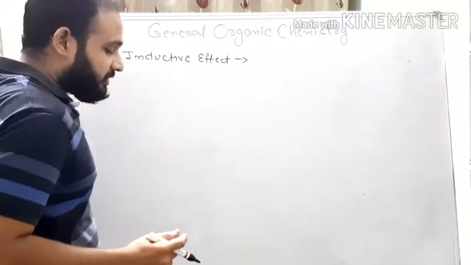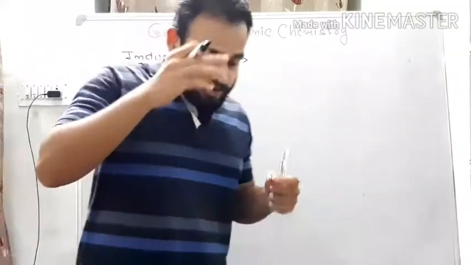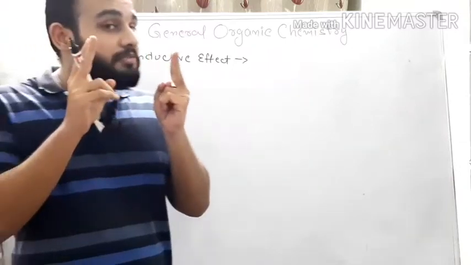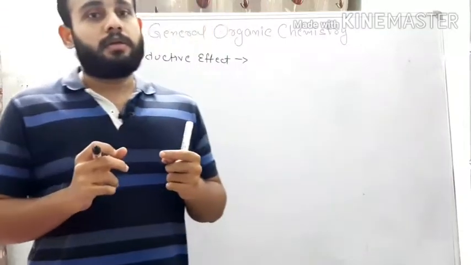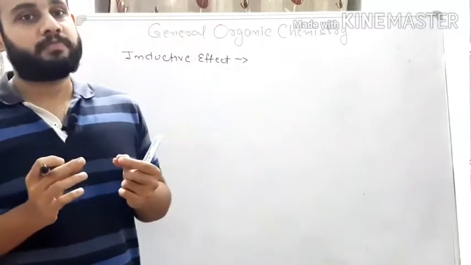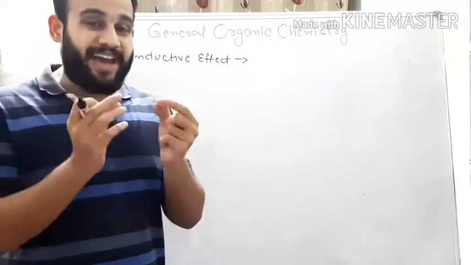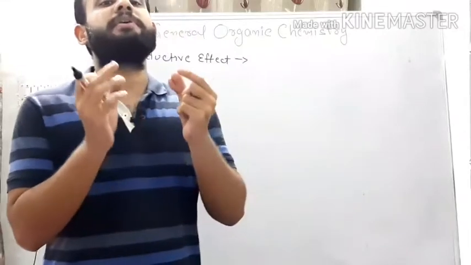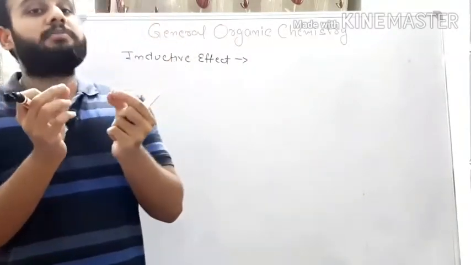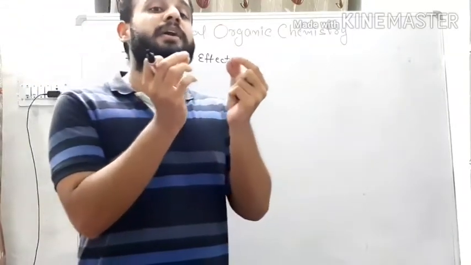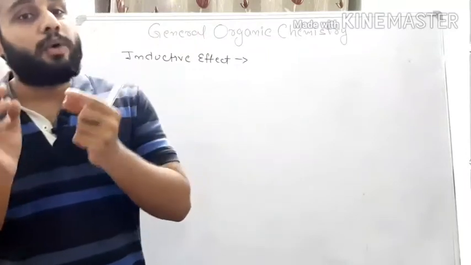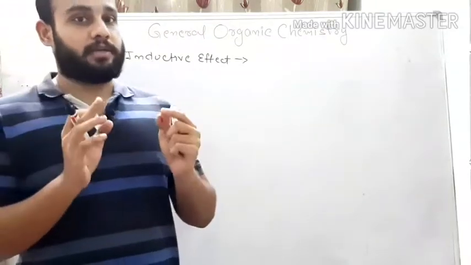Now what is the inductive effect, friends? When a chemical bond forms between two different atoms, there can be a partial displacement of sigma electrons, which is known as the inductive effect.